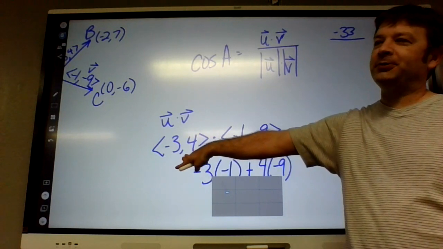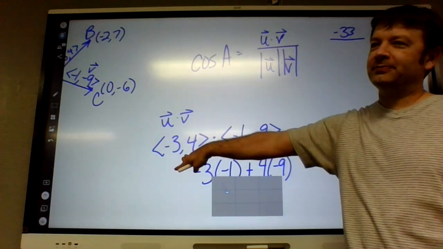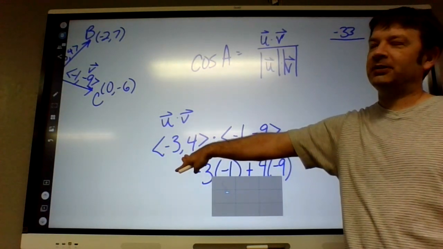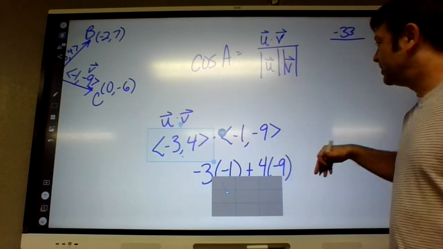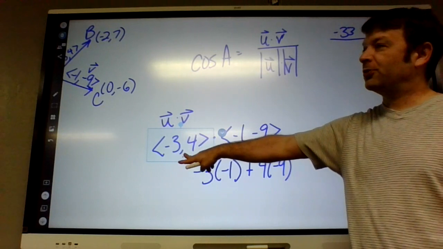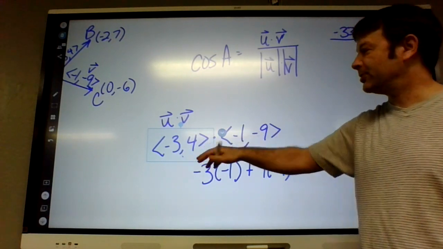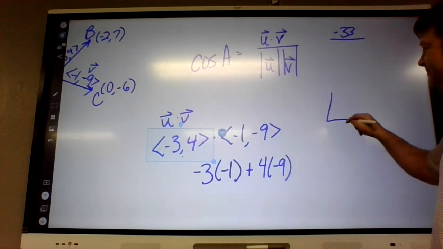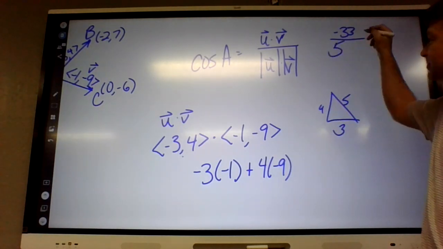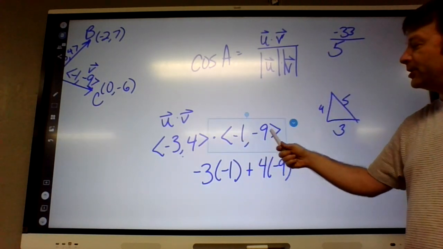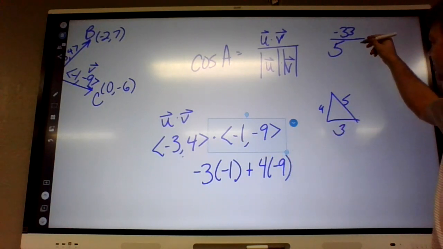How do we find the magnitude? Yes, Pythagorean theorem. 3 squared plus 4 squared. Okay, 3, 4, what kind of triangle? 3, 4, what? Yeah, 3, 4, 5 is the right triangle. Anyway, that should come out as 5. 1 squared plus 9 squared is 82, so this will be like the square root of 82.